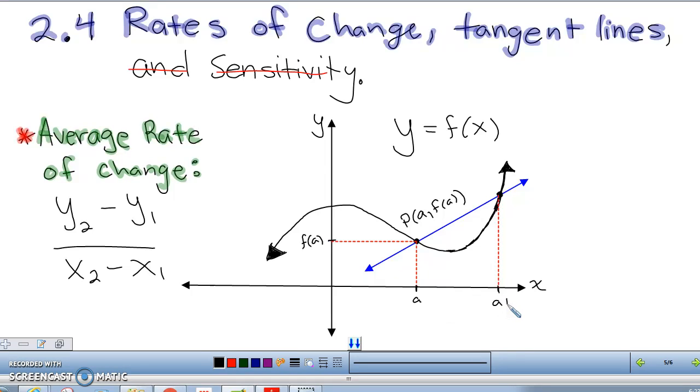So it's going to be a plus something, and I'm going to label that something as h. So a, and then this gap here, we call it h. This x value is going to be a plus h.